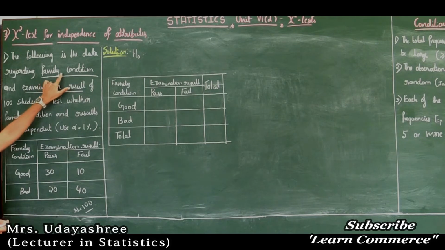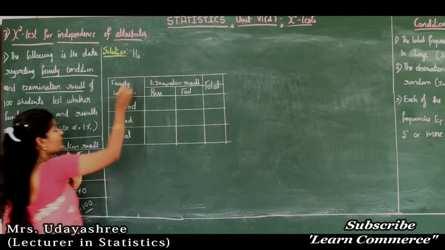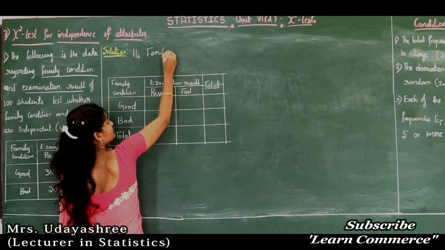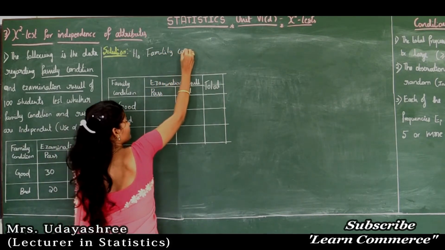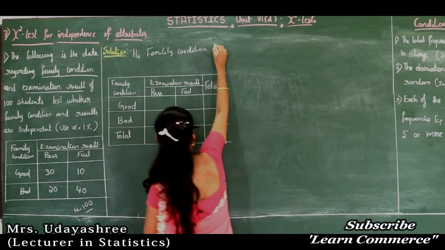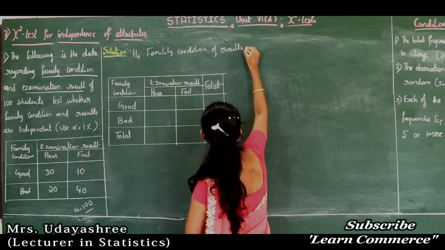One attribute is family condition, another is examination result. So H naught is: family condition and examination results are independent.